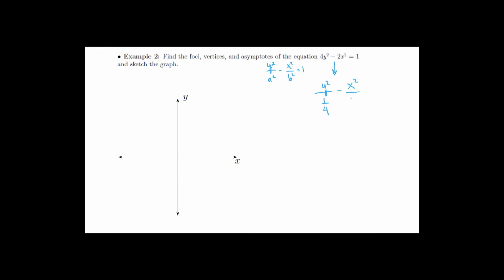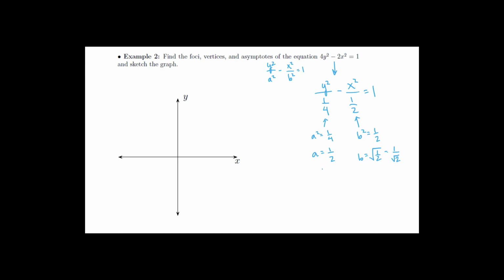Multiplying by 2 is the same as dividing by a half. So that tells me that a squared is equal to 1/4, so that means a is equal to a half. And b squared is equal to 1/2, so that means b is equal to the square root of a half, or 1 over the square root of 2.